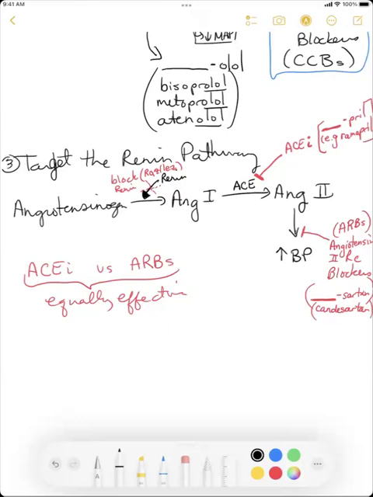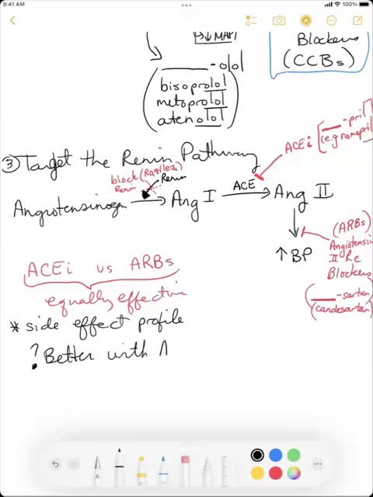And the thought is that it's related to that bradykinin again, but not as intense of a response to that bradykinin. So side effect profile, I'm going to put query, better with ARBs. I think so, but it depends on the comfort of the practitioner that's prescribing it.